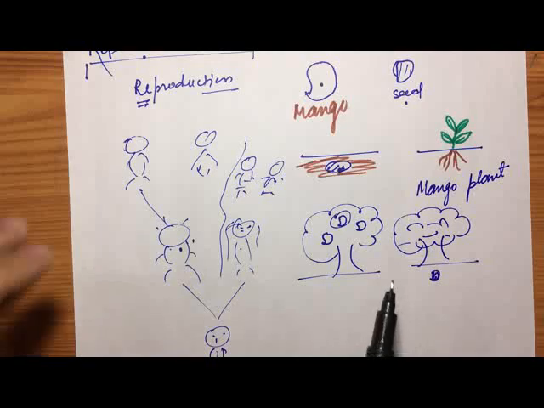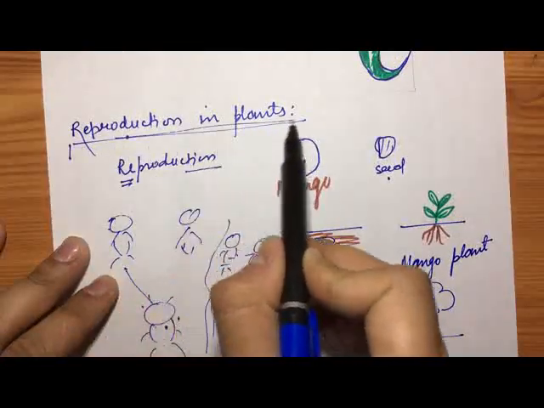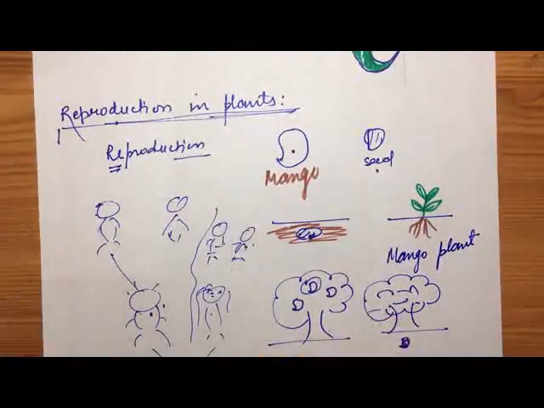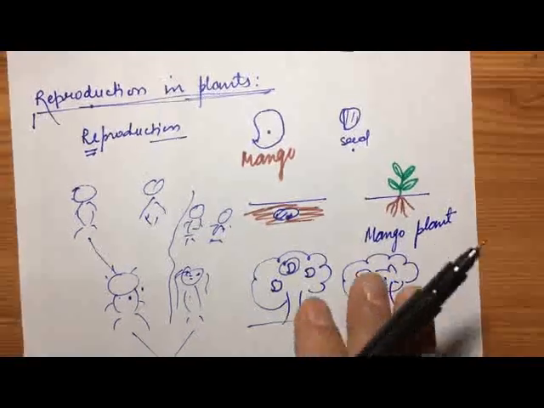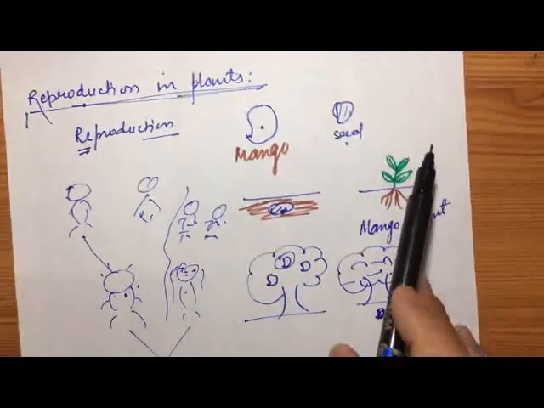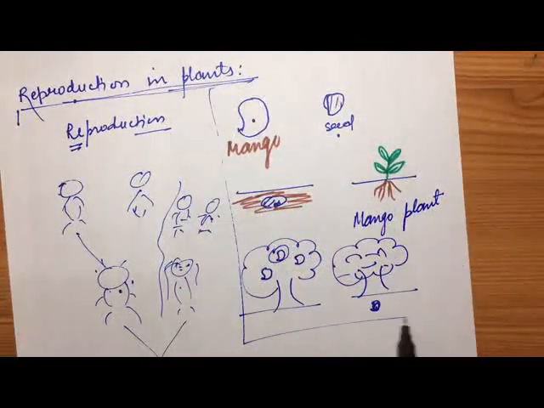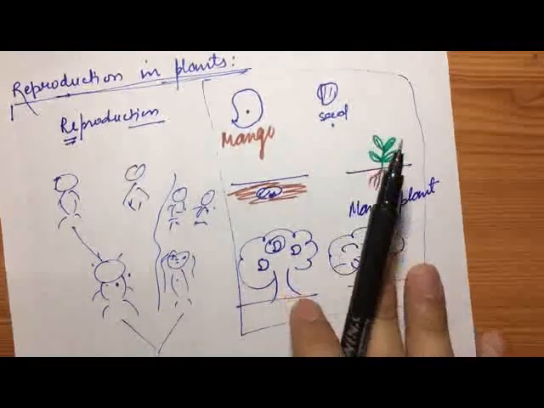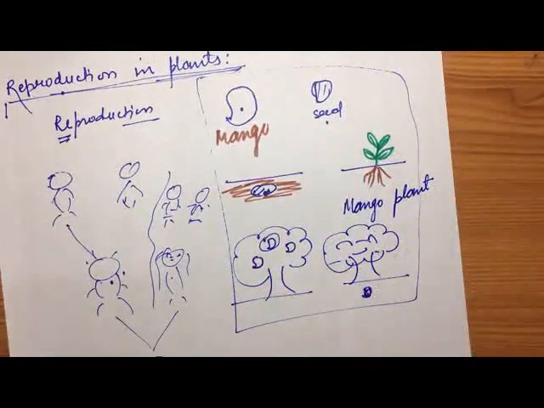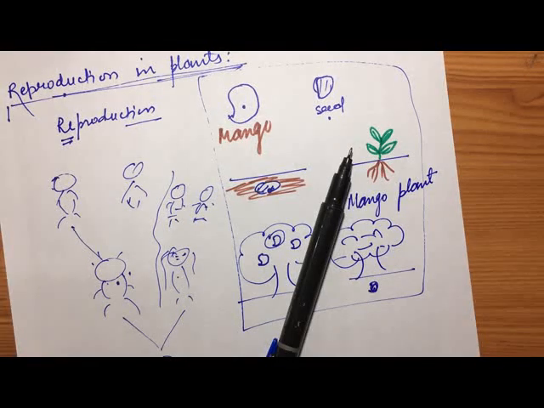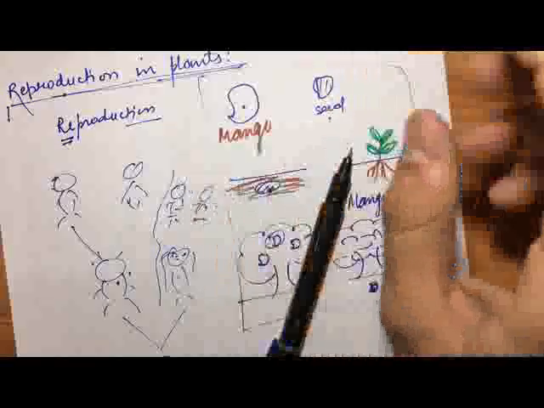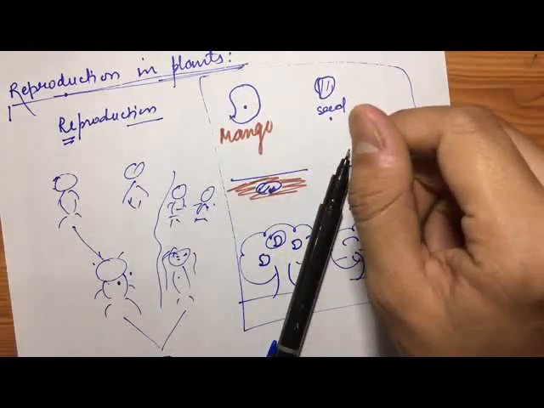Okay, so we have to discuss reproduction in plants. So in this particular example, I have taken the example of mango. Okay, so now we have to study reproduction of plants through different sections.